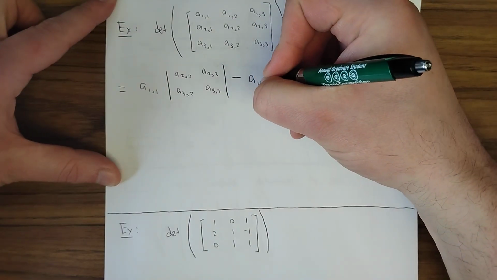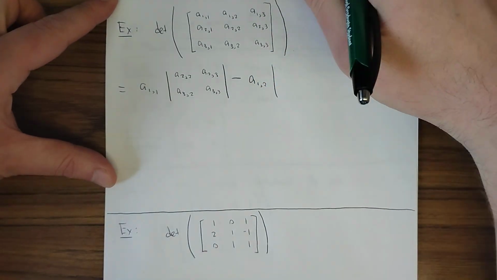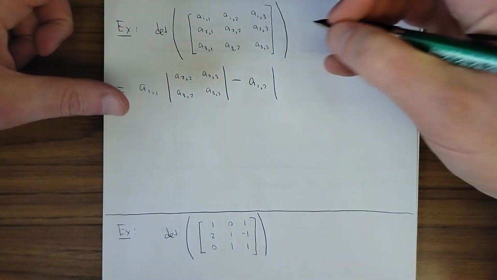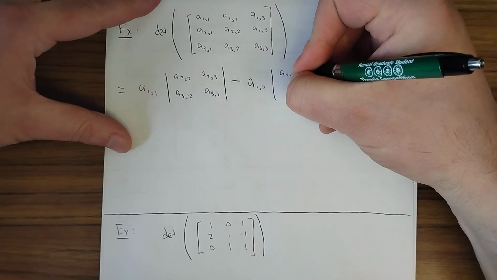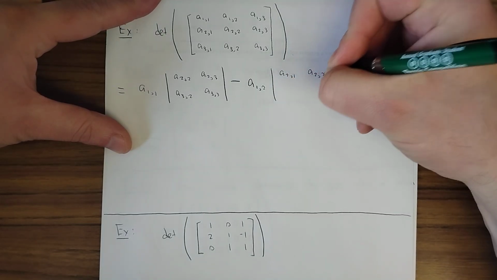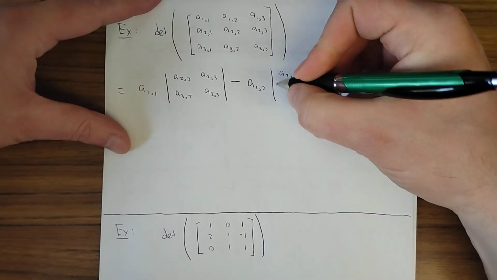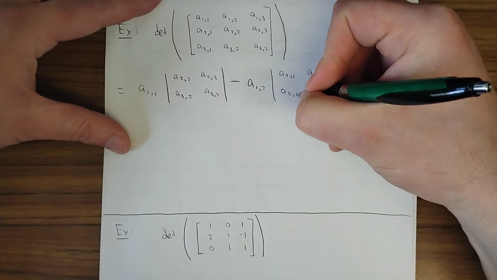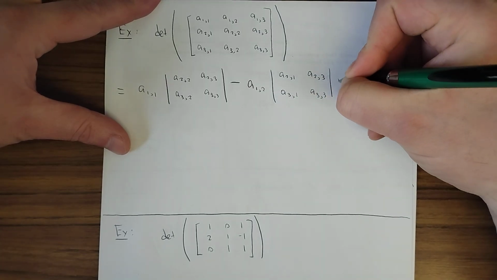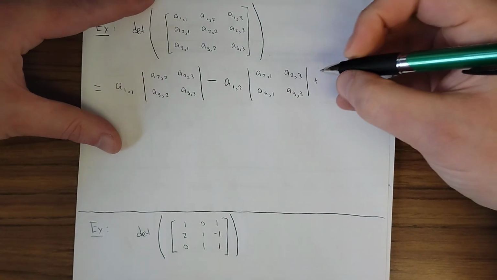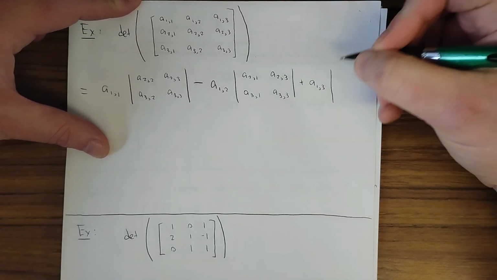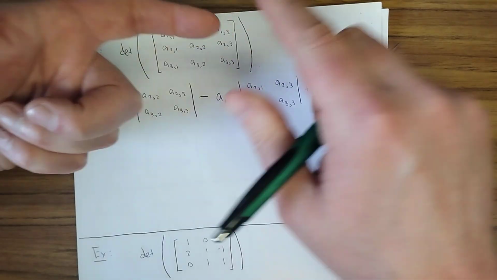Minus A12 times the determinant of this matrix. Plus A13 times the determinant of this matrix.